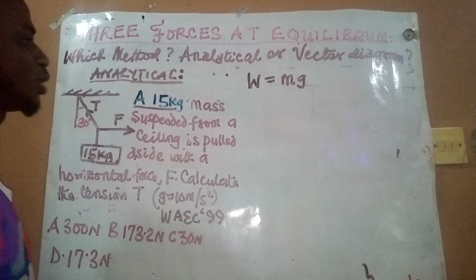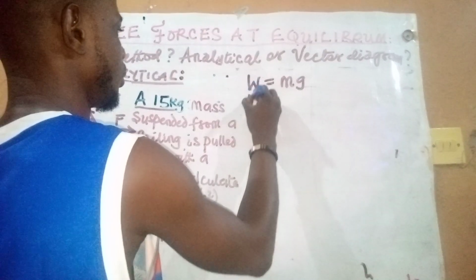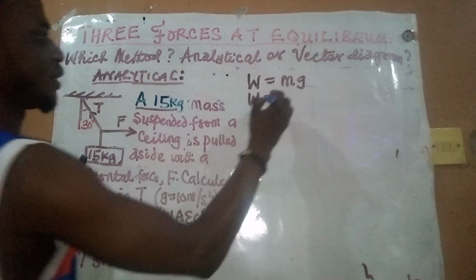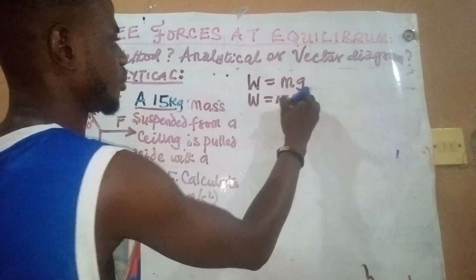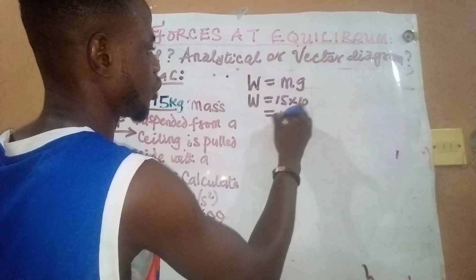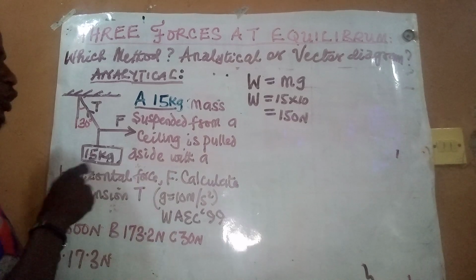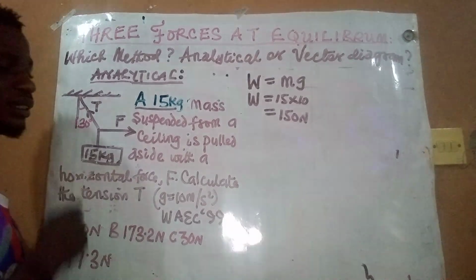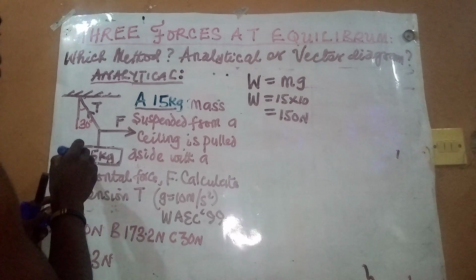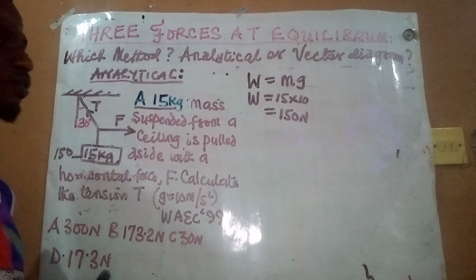So this 15 kg mass, in terms of weight, is given as W equals mass 15 kg times 10. That will give us 150 Newton. That means that the weight due to this mass is 150 Newton.